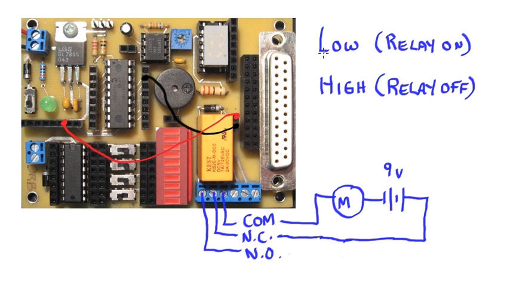So now whenever we have a low, the relay goes on. That's going to change this from closed to an open. Our motor is off. So low, which turns the relay on, is going to turn our motor off. If we give it a high, that turns the relay off. That restores this connection, because that's its normal state, it's closed, causing the motor to go on. So by using this sinking method, we might want to use the common and normally closed connection so that a high equates to the motor coming on, a low to the motor going off.